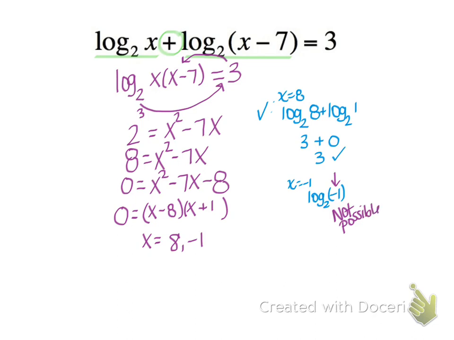We can't take the log of a negative, which means that x equals negative 1 cannot be a solution. So we have to take it out of our answers. So we're going to take out x equals negative 1, and that means our only answer in this case is x equals 8. This example shows you why it's very important that you go back and you check to make sure that your solutions work.